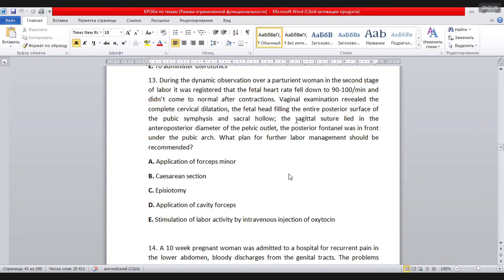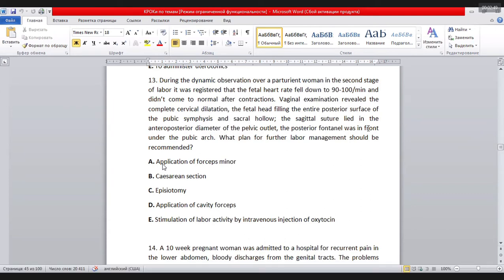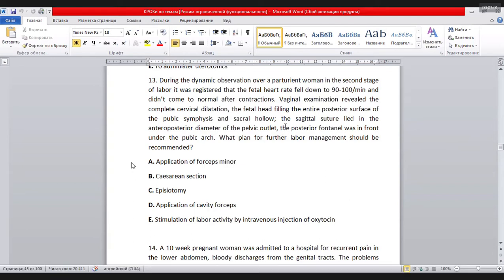What shows us this? Sagittal suture in the anterior-posterior diameter of the pelvic outlet and the posterior fontanelle in front under the pubic arch. It is the pelvic floor. The fetal head is on the pelvic floor, and application of forceps minor is the right answer.